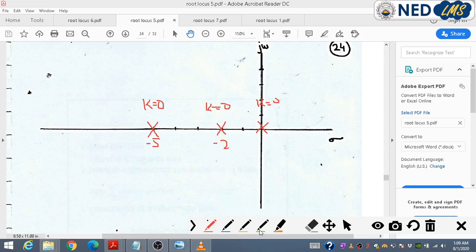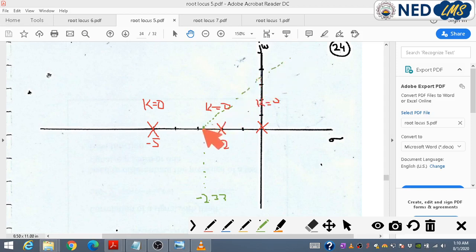Suppose this point corresponds to minus 2.33. Therefore I have to draw here an angle of 60 degrees.